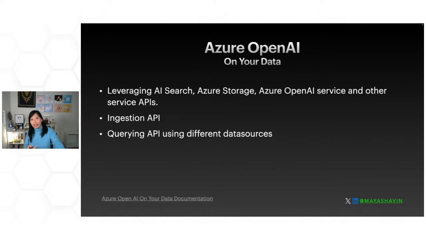If you already have a data source that is already indexed, not just in Azure AI Search, you can plug it into the Azure OpenAI on your data querying API, send the query, and get back the answer based on that data source.